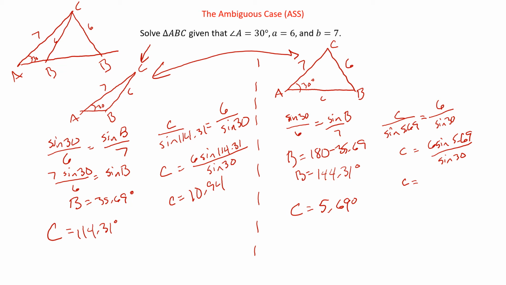So sine of 5.69 times 6 divided by sine of 30, which would be times 2, is 1.189, so 1.19.